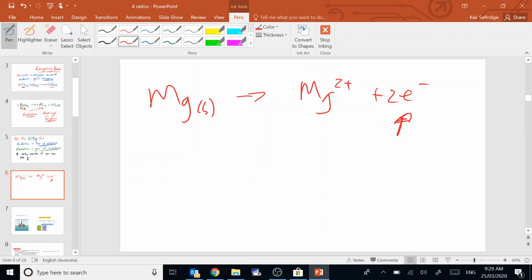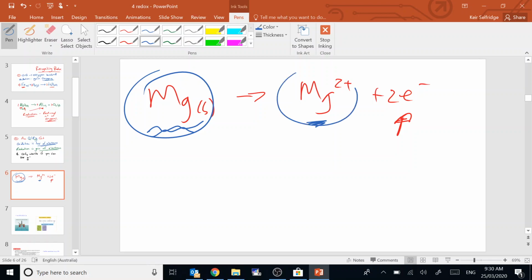I can see that electrons were there. And if we have a look at it, what happened is we had this magnesium here. This is how it was. And it existed happily until something happened to it. We added something to it and it turned into this thing. In turning into this thing, these electrons were lost. So this is the loss of electrons.